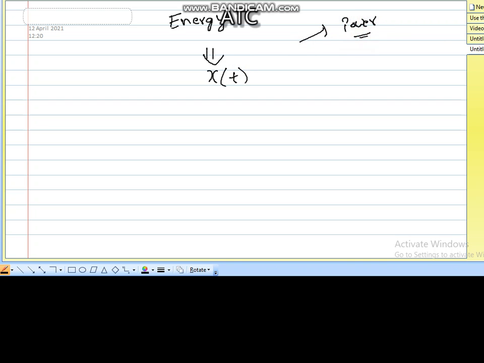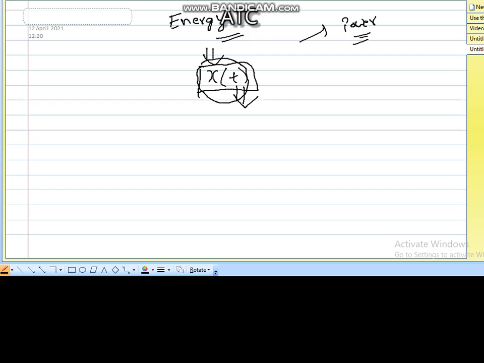We have seen the properties of both of them. Suppose they didn't tell you whether it is an energy signal or a power signal, and they only gave some signal x(t). Then you can find out whether it is an energy signal or a power signal.